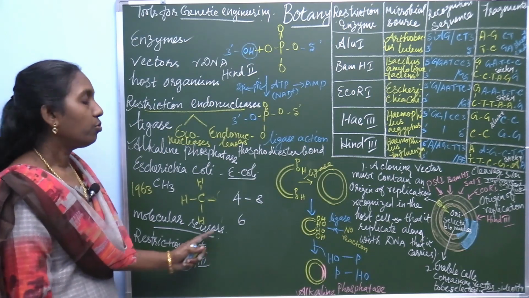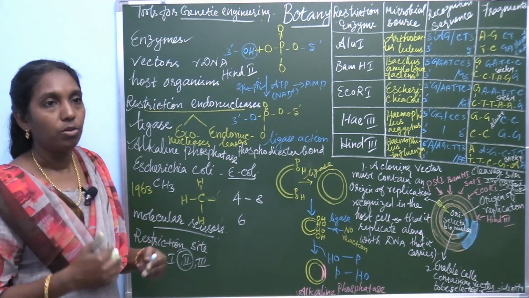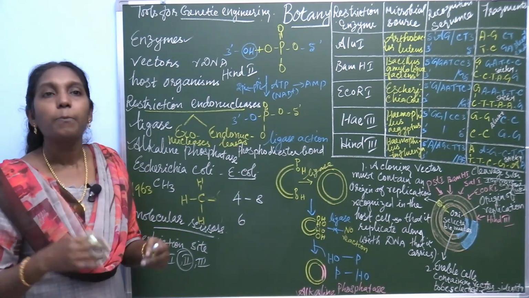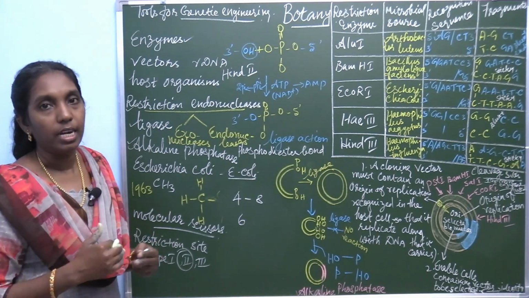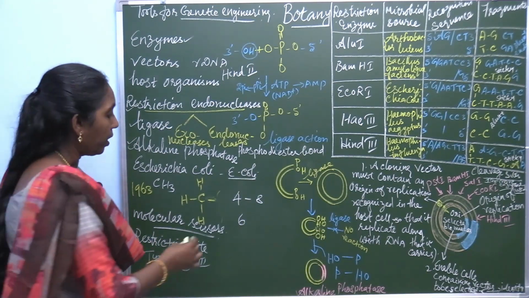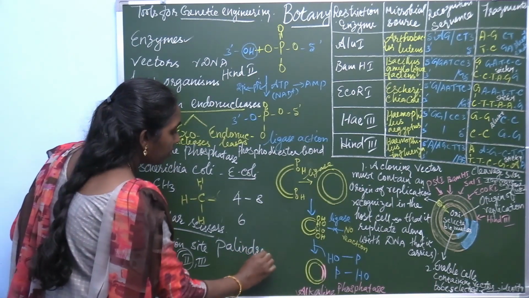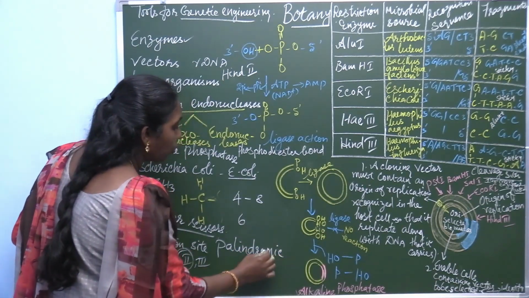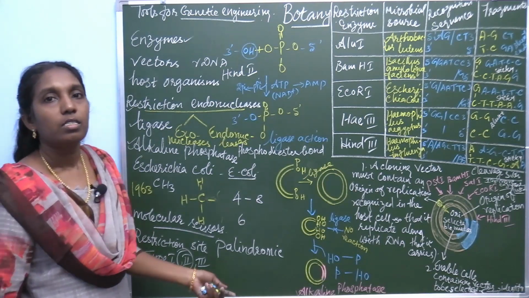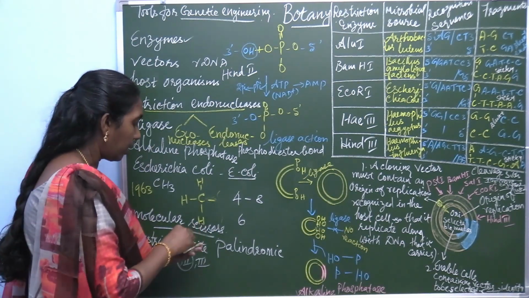And usually these restriction sites are palindromic in nature. What is palindromic? There is a phrase, Malayalam.